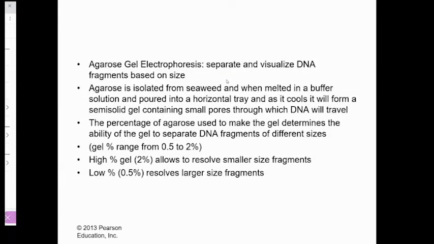Because of the agarose gel, we can separate the DNA based on size. And to visualize the DNA, normally we use ethidium bromide, and in the presence of UV light, we will be able to visualize the DNA.